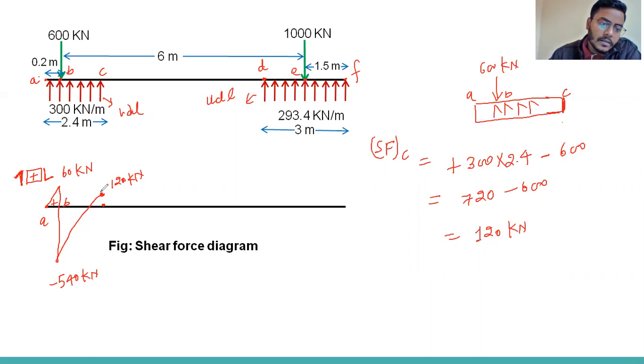This will be linear. Okay, this is linear, and in the picture it looks like a non-linear type, but this is linear. Okay. So here this value is 120. So it will go up to here.